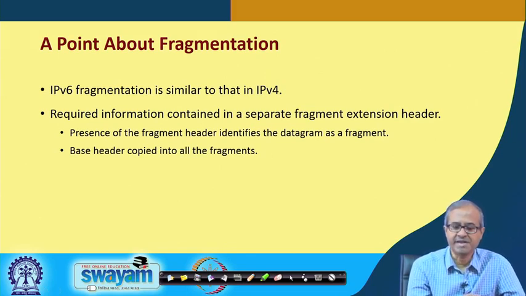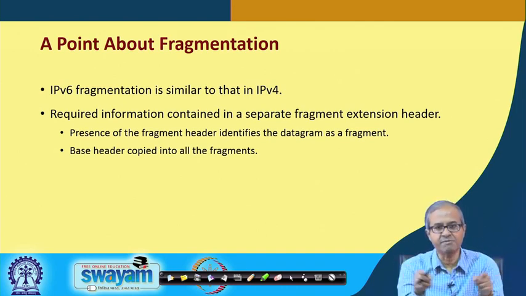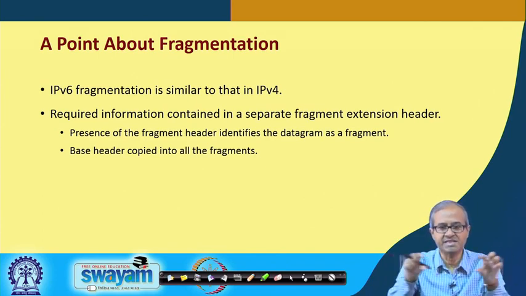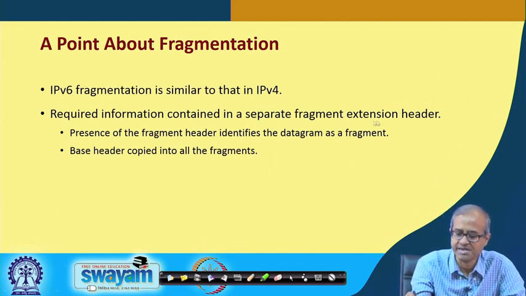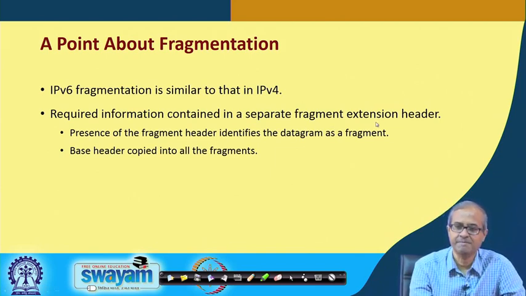Now, about fragmentation, as I mentioned, IP version 6 fragmentation is similar to IP version 4, but unlike IP version 4, where the additional information about fragmentation was put inside the same header, here we are using a separate extension header.